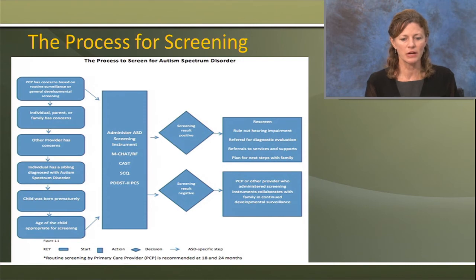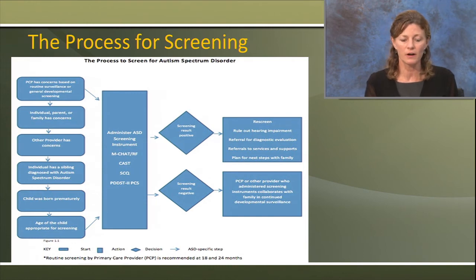So now I want to share with you the process for screening, and this document was available to you on the website as well prior to viewing this presentation. If you didn't have a chance to download it, you can go back and do so. This is the Virginia process for screening for autism spectrum disorder.